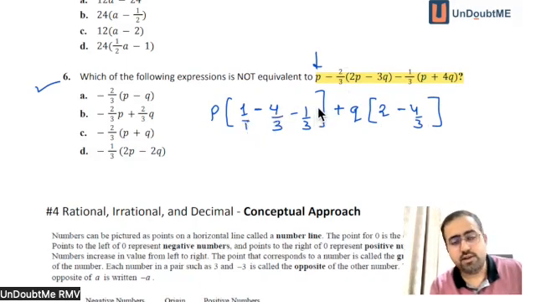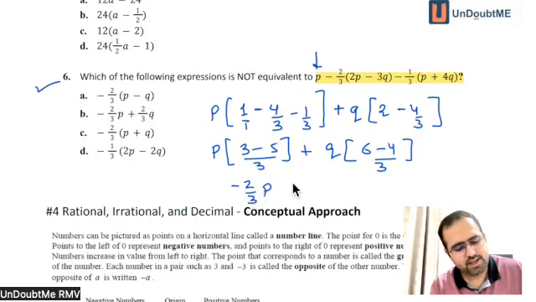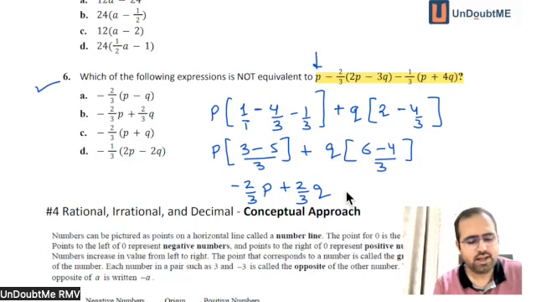Minus 4 minus 1 is minus 5, minus 5 by 3. I'll take the LCM. So it will be 3 minus 5 by 3. And here it will be 6 minus 4 by 3. So minus 2 by 3P plus 2 by 3Q is what I'm getting.